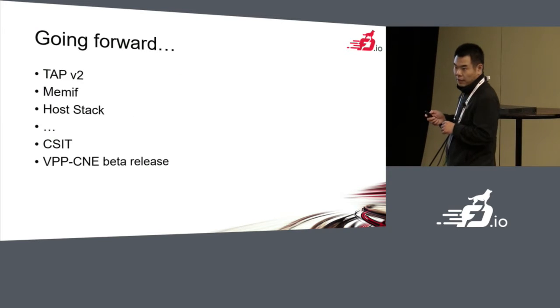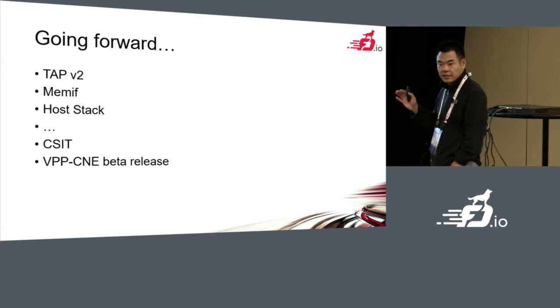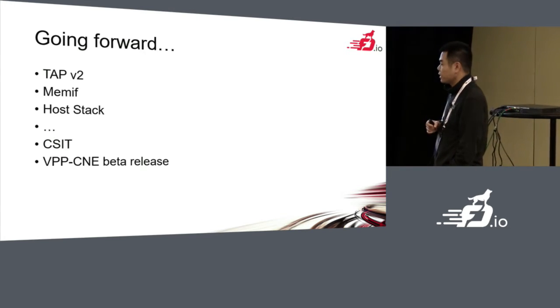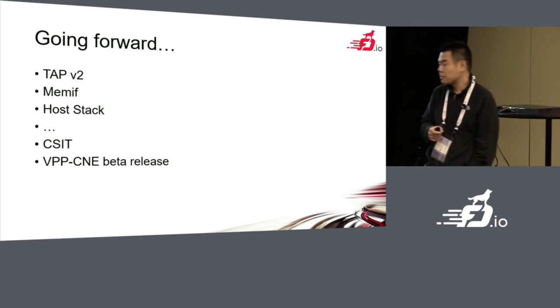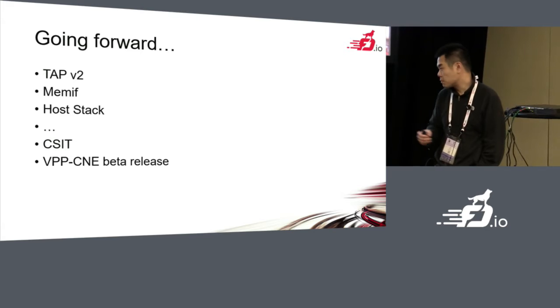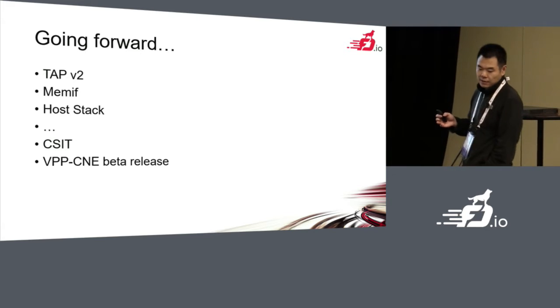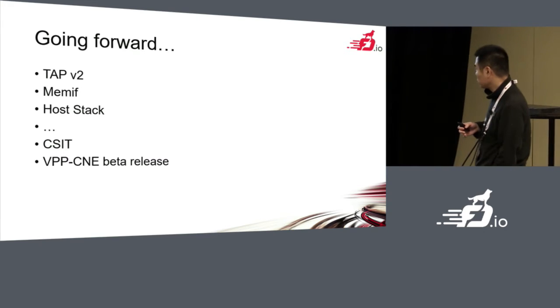So going forward, we can apply the techniques we used in the virtio driver to most of the VPP interfaces, let's say tap v2, memif, and also possibly apply to the host stack, since right now the host stack does not really support TSO and RRO.